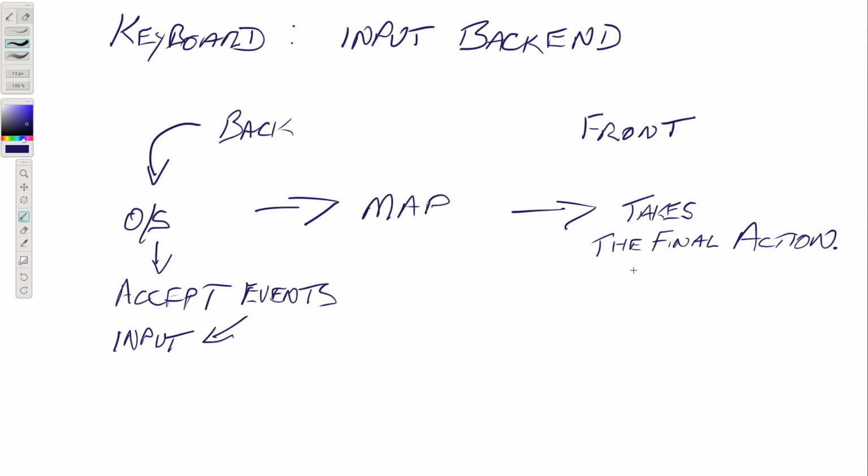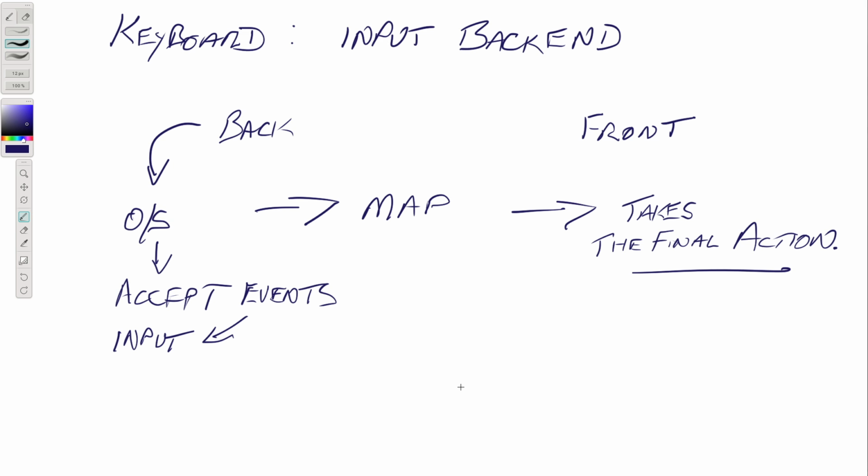I'm explaining this badly. I know I am. Okay, so the back end needs to be able to receive events from the operating system, and they have to be fed in, usually through, should I say, an event handler. The front end is what we're interested in as the programmer.